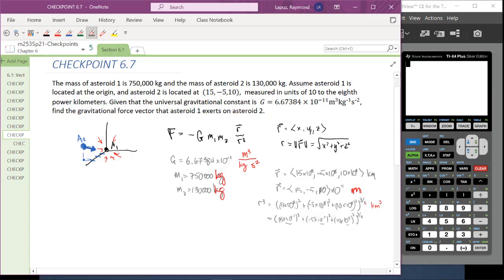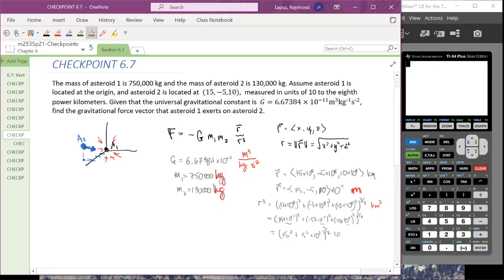We can factor that out, undo the squares, and then take it to the 3rd power. If we factor everything out, we will be left with 15 squared plus 5 squared plus 10 squared to the 3/2. So what are some of the other constants that came out? 10 to the 11th came out to the 2nd power, to the 1/2 power, to the 3rd power.